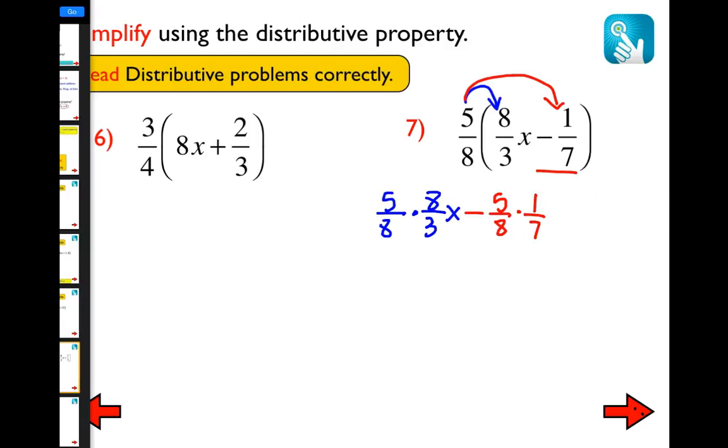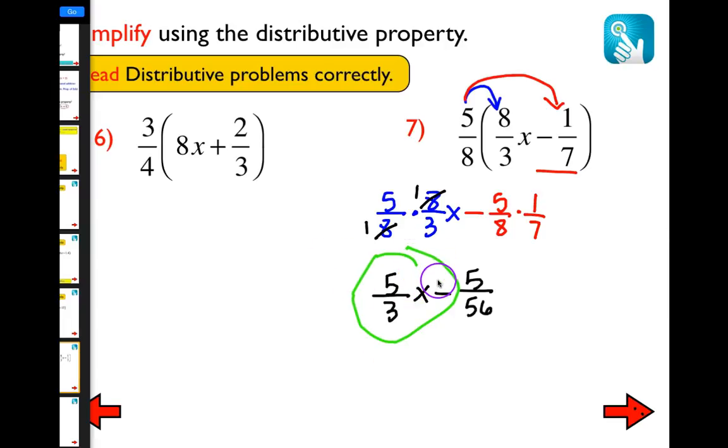Here I'm going to see if I can cross cancel. The 8's can definitely cross cancel, turning into 1's, leaving me with 5/3 x. Here, nothing can cross cancel, so I'm going to be left with minus 5/56. So notice here, this fraction is improper.